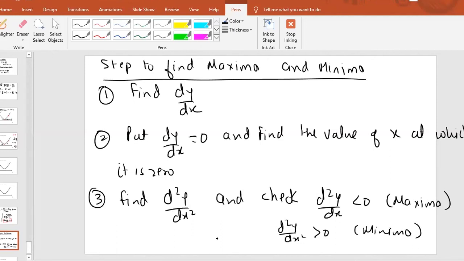That is how we can find the maxima and minima. So these are the steps which we need to follow for finding the maxima and minima of the given function.